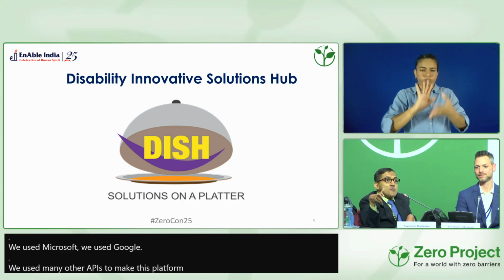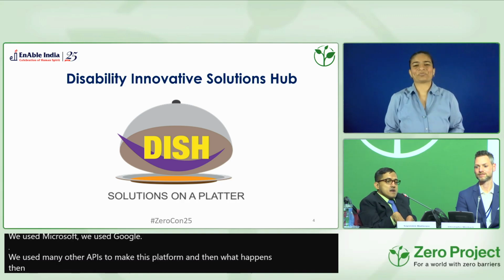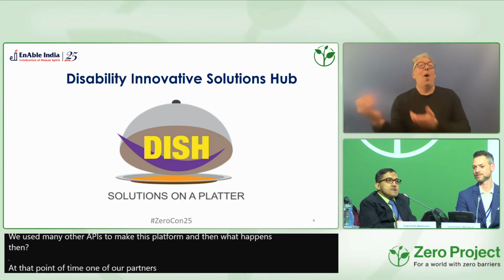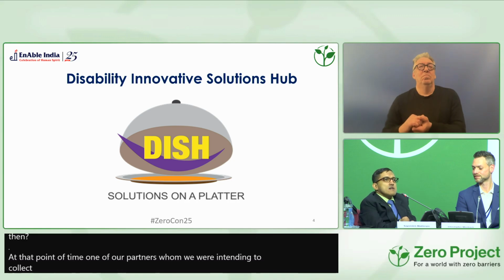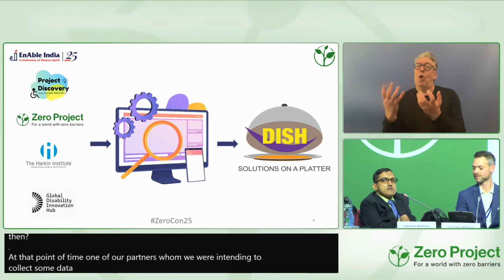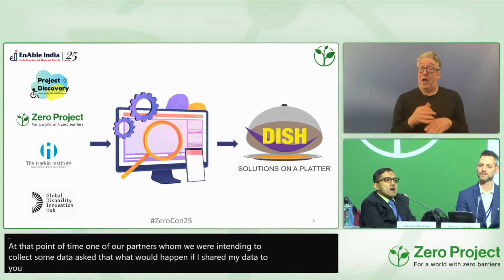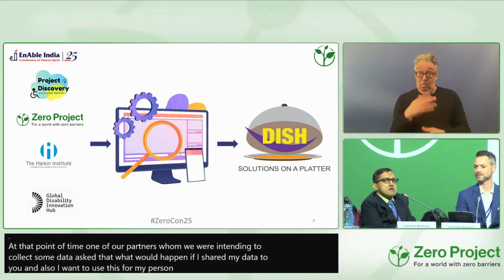And then, what happens then? At that point of time, one of our partners, whom we were intending to collect some data from, asked what would happen if I share my data with you and also want to use this for my personal search.